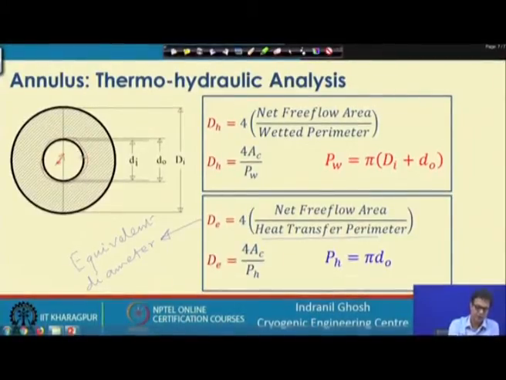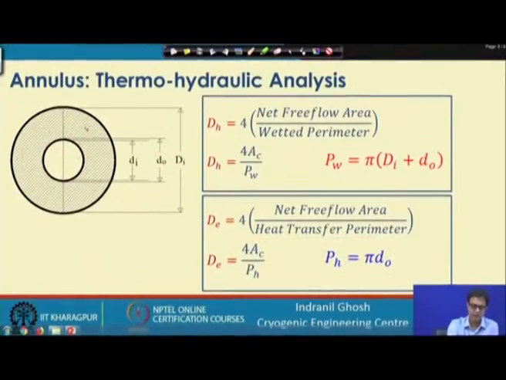So, the heat transfer is taking place through this surface, and that is related to pi d0. So, d0 is the external diameter of the inner tube, and we define the equivalent diameter by the 4 times the net free flow area.